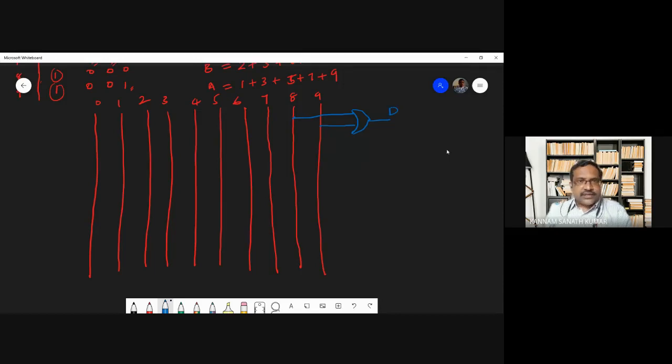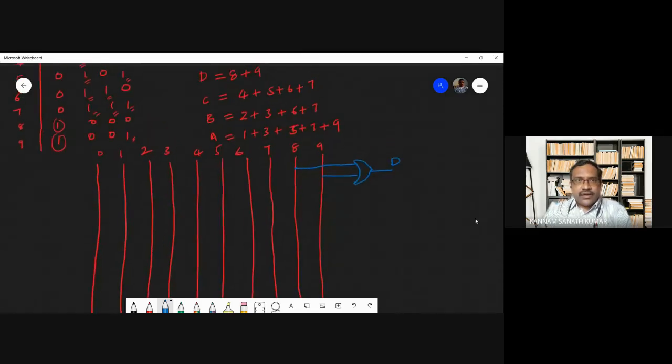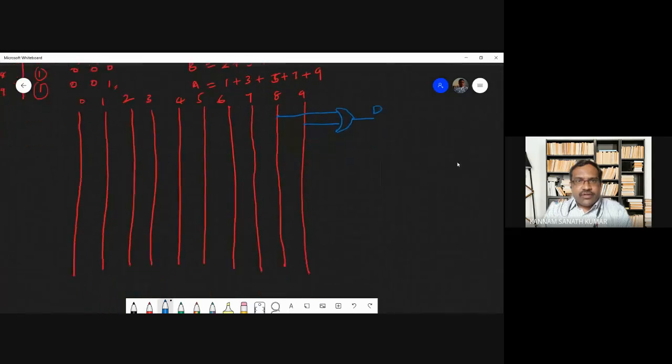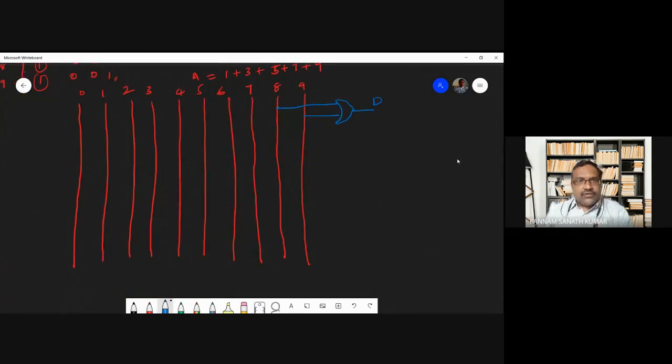Next, what is C? 4 plus 5 plus 6 plus 7. So this is 4 and this is 5, this is 6 and this is 7, connected with an OR gate.